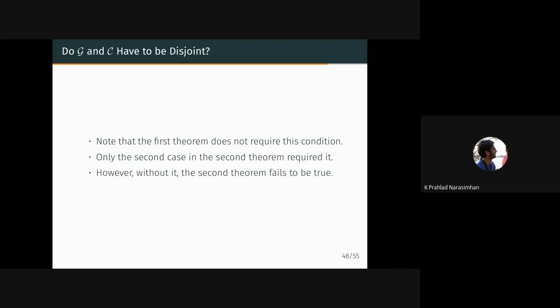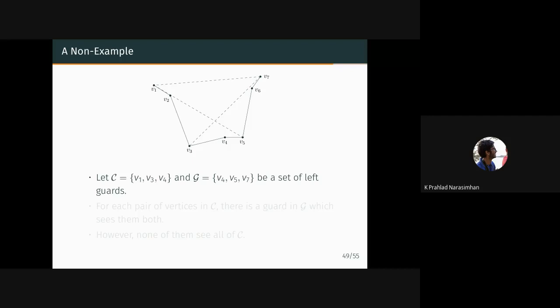However, we can't let G and C have some point in between them, as noted in this non-example. So if I let C be V1, V3 and V4, and G be V4, V5 and V7, note that V5 is common between C and G.